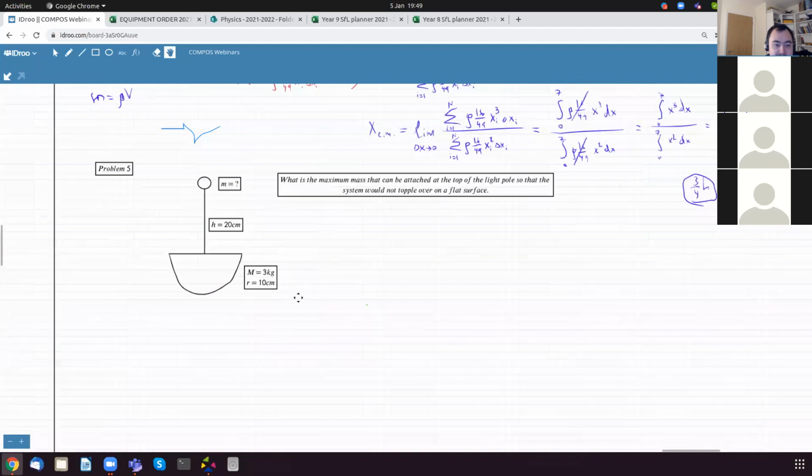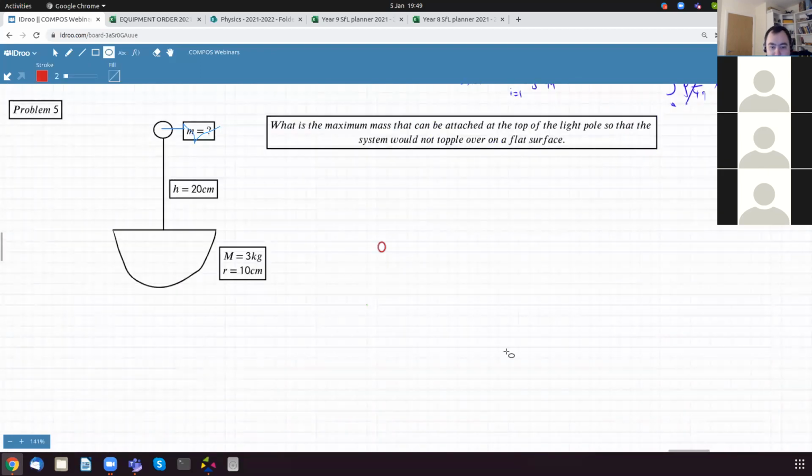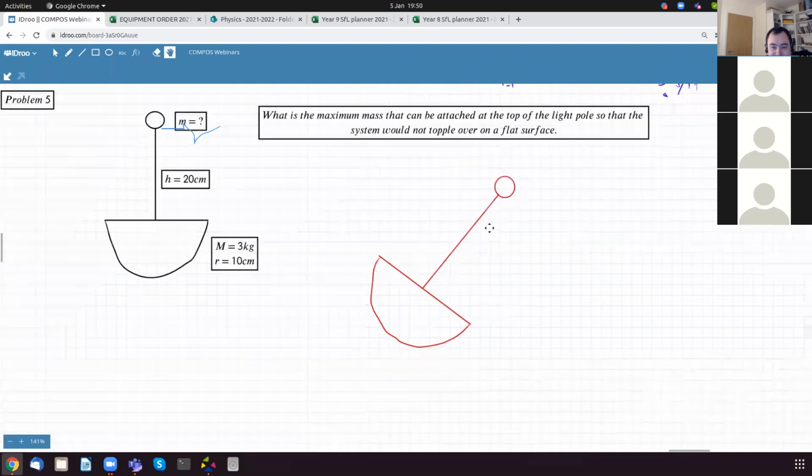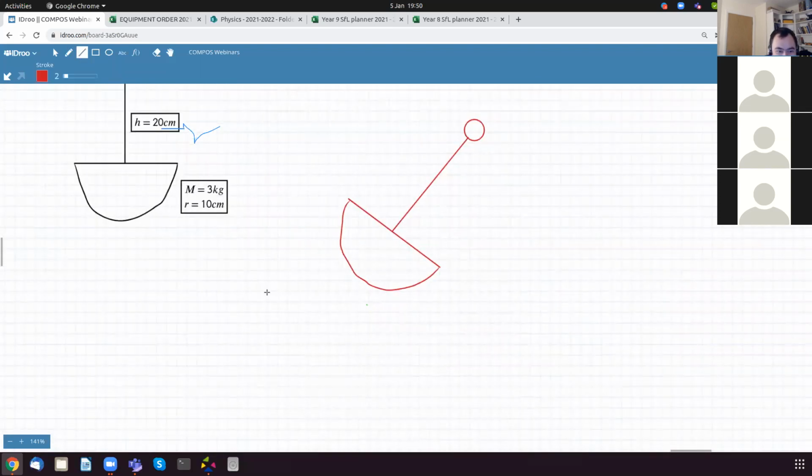Well, let's take this system and tilt it. I'm just going to use a circle, and I'm going to tilt it. I draw the floor.